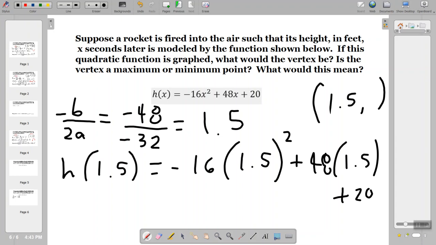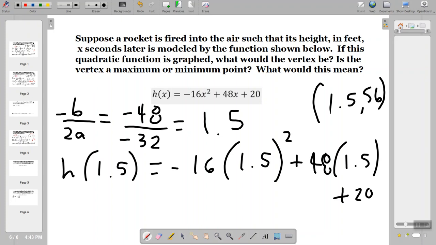Sorry, I'm having a little technical difficulty with my calculator. All right, assuming I entered that in the calculator correctly, I got 56.